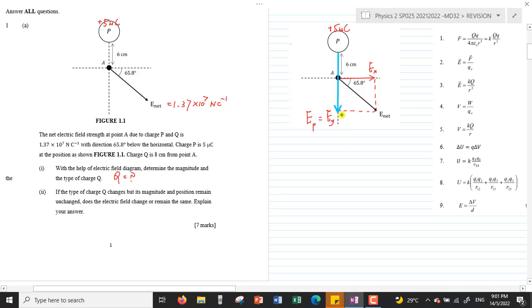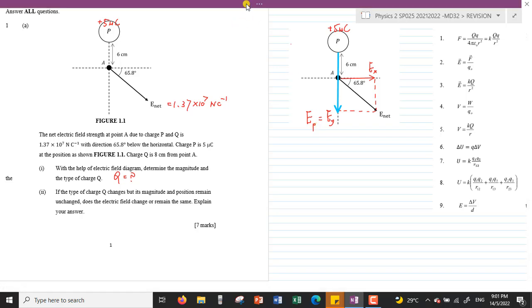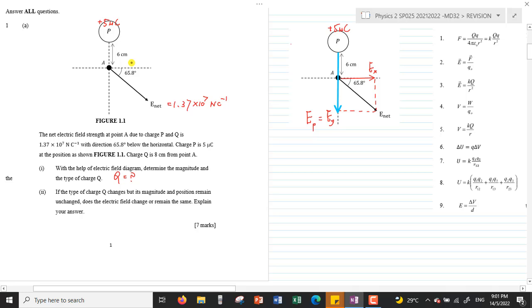That's why the component Y of the electric field at point A is due to charge P. It means the component X of the net electric field at point A will be due to charge Q, because the question tells us the net electric field at point A is due to charge P and charge Q. So the electric field created by charge Q is pointing to the right.